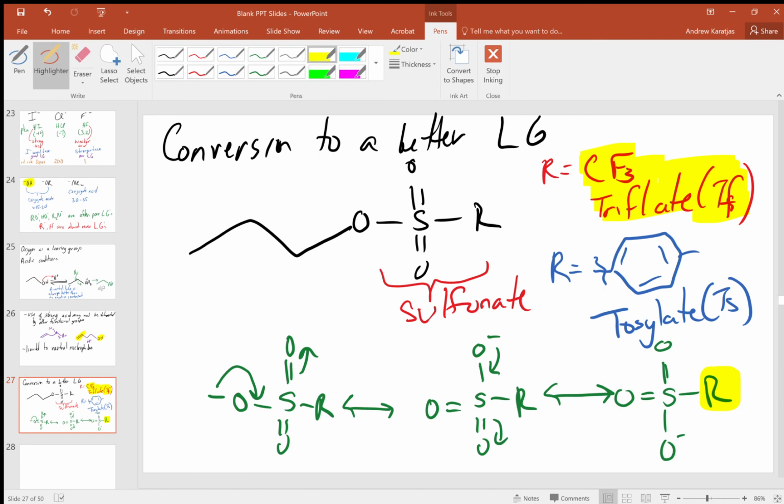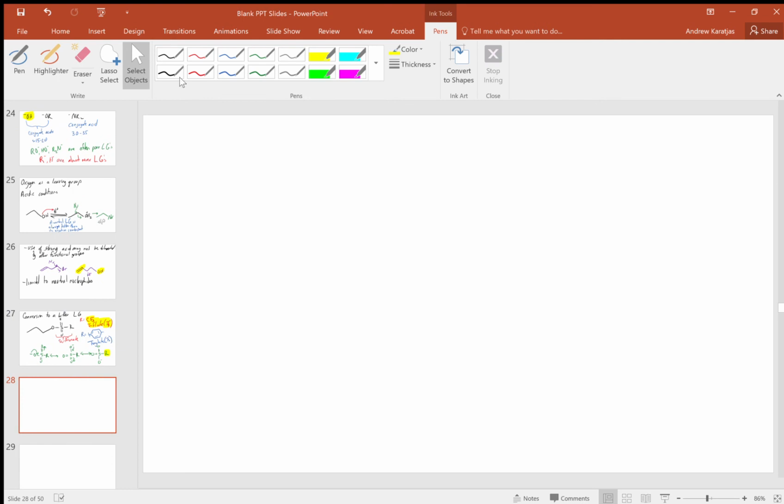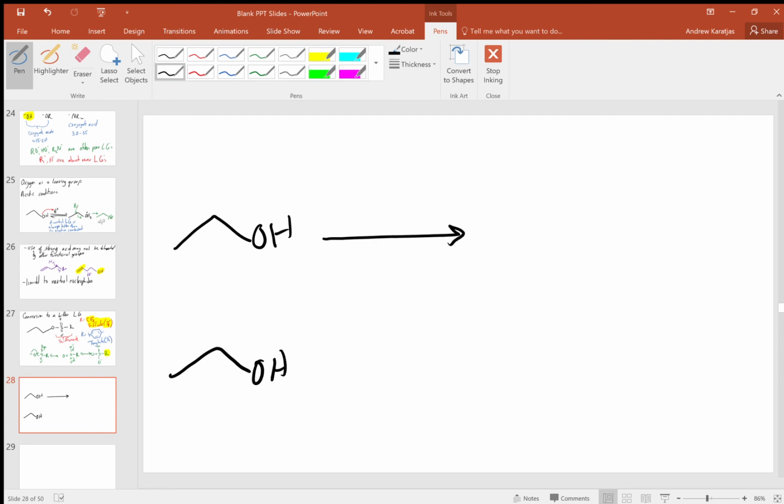All right, so how do you make one of these sulfonate groups? Two common ways that are actually fairly similar. And we won't get into the mechanisms of these two reactions today.